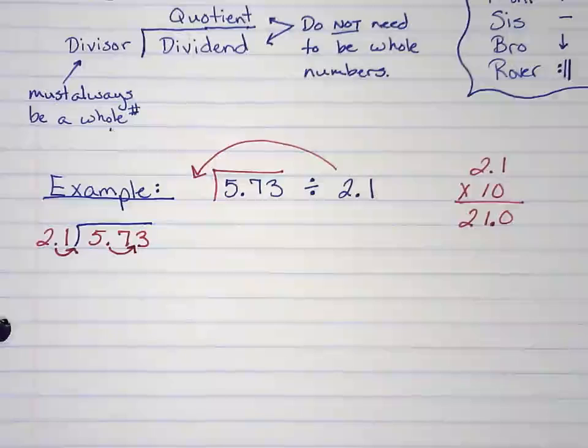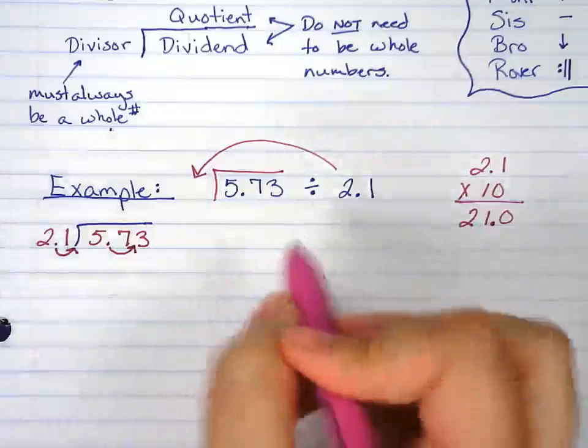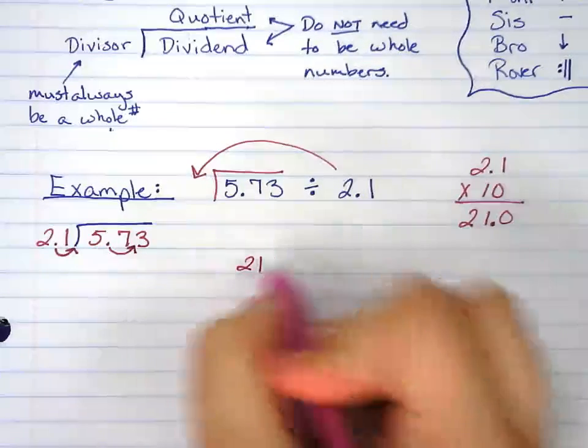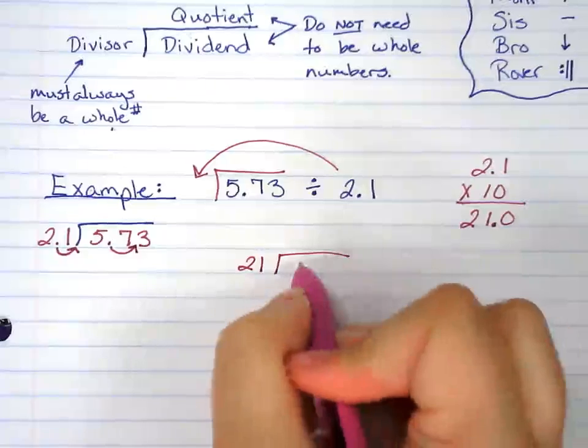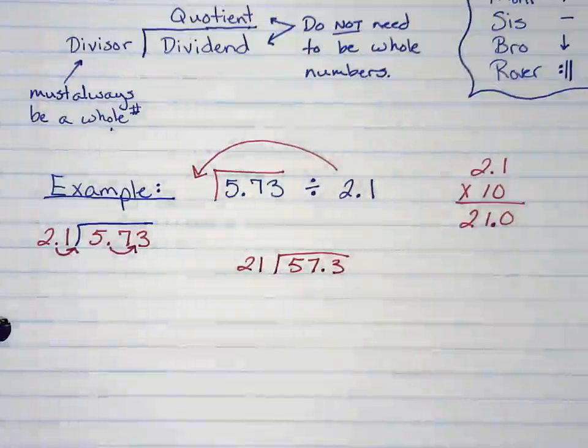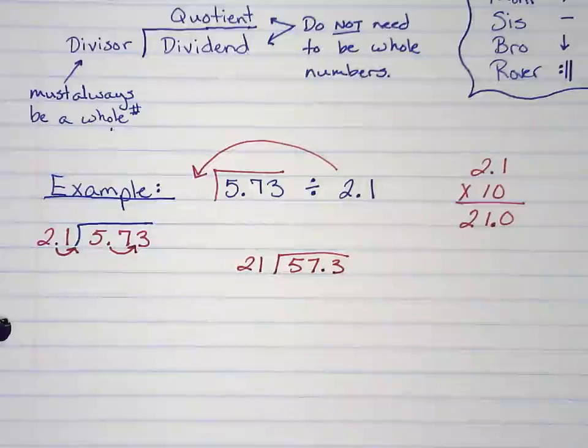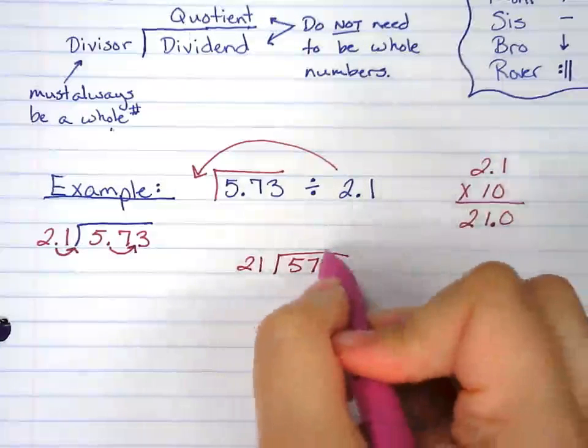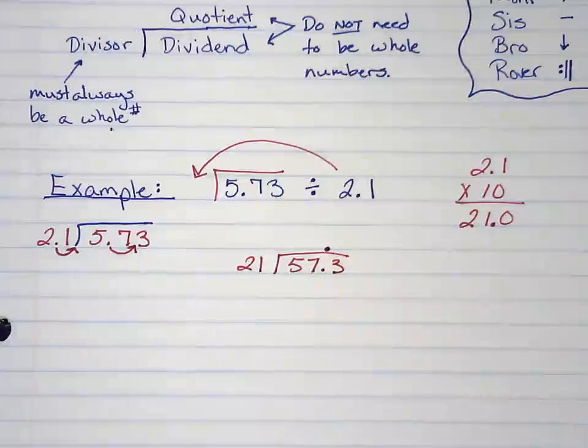For clarity, I'm going to rewrite the problem now. It actually now looks like 57.3 divided by 21. The last thing I'm going to do is bring that decimal straight up into my quotient, and I am not going to have to deal with that decimal anymore.